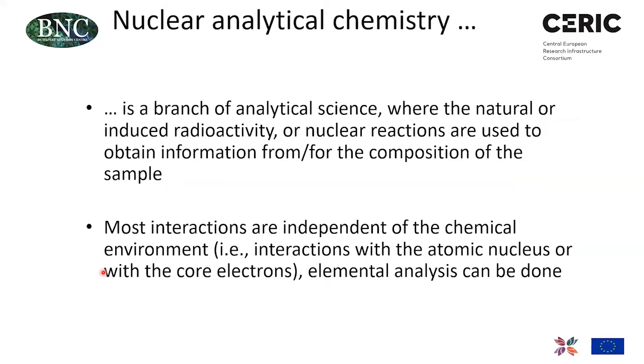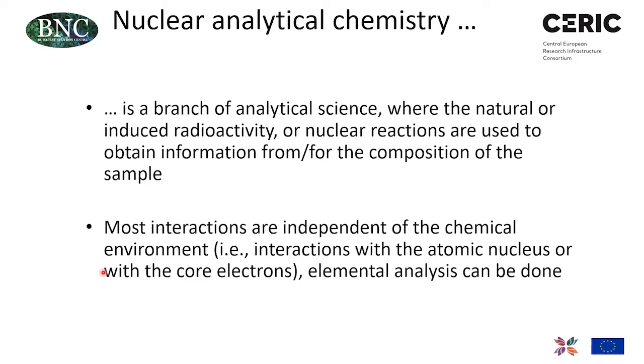So PGAA belongs to the family of nuclear analytical techniques, which is a branch of analytical science where natural or induced radioactivity or nuclear reactions are used to obtain information about the composition of the sample. The neutrons interact with the atomic nuclei, and not with the electron shell.